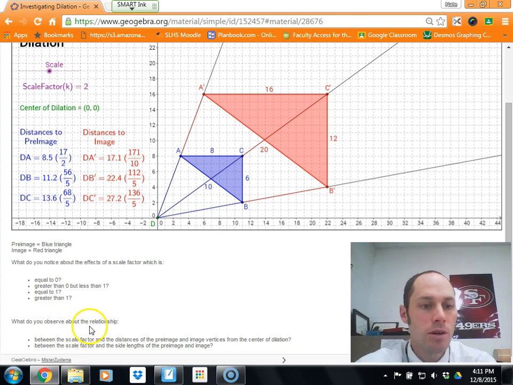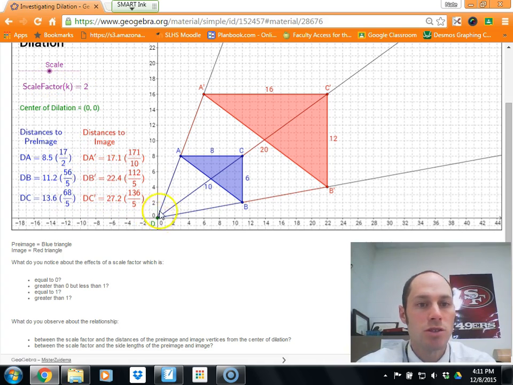Take the time to observe the relationship now between the scale factor and distances of the pre-image and image vertices from the center of dilation. The distances from the pre-image are 8.5, 11.2, and 13.6. The distances to the image, notice all those are doubled.